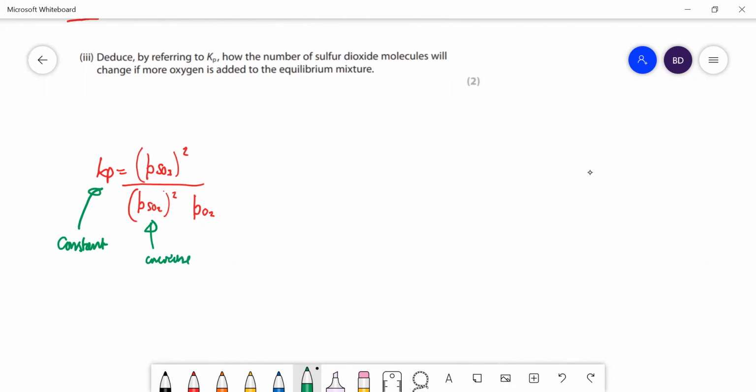So to keep Kp the same, this must decrease. Sorry, I put it the wrong way around there, because it said if you increase the oxygen. We've increased the oxygen moles, so we've increased the partial pressure of oxygen. So that means the partial pressure of SO2 has got to decrease in order to keep the Kp the same.